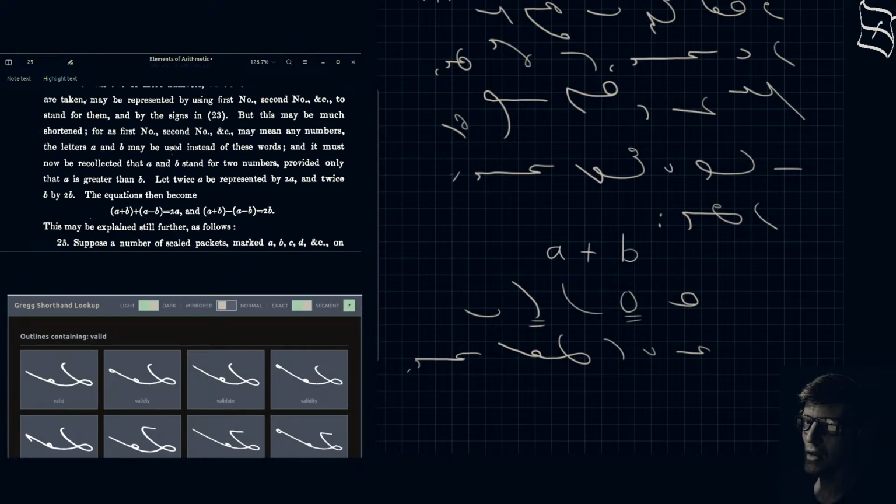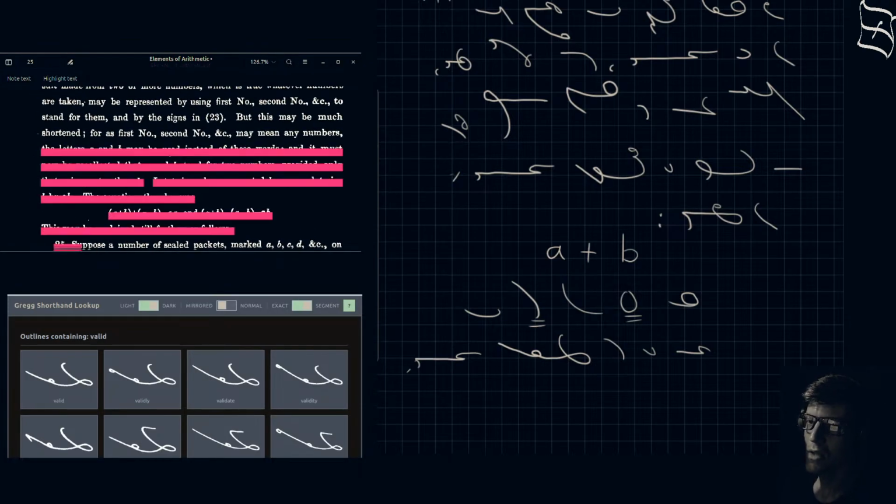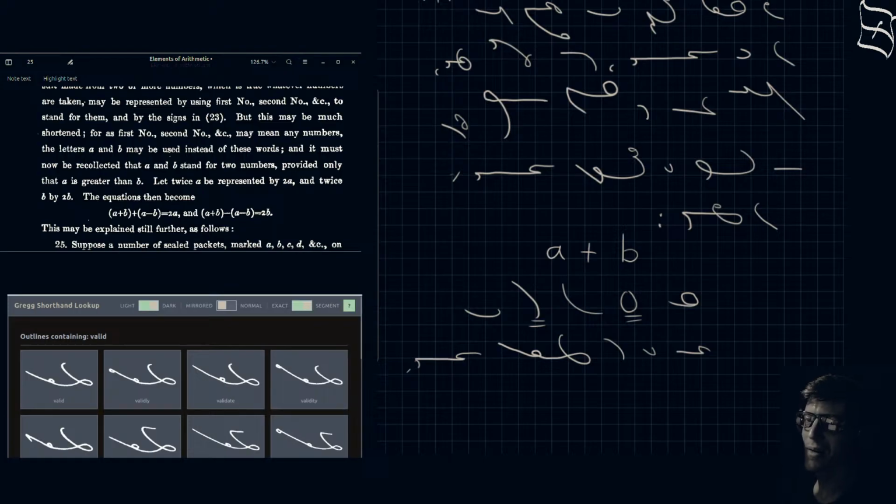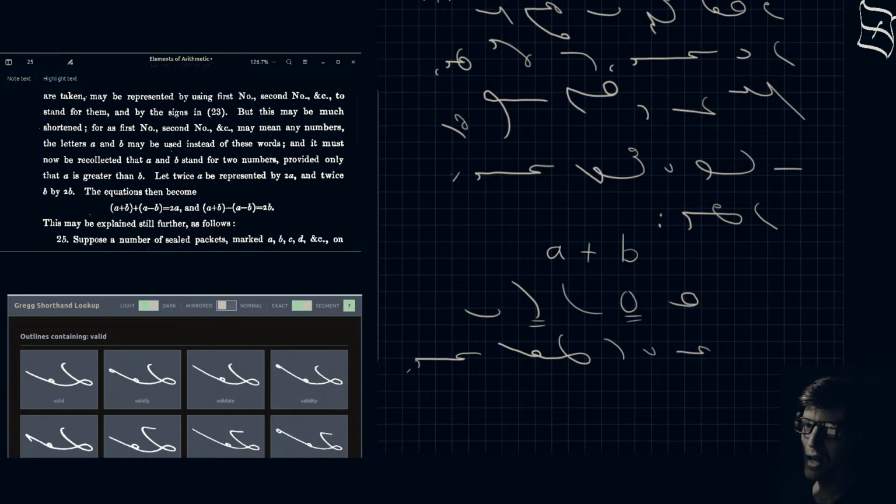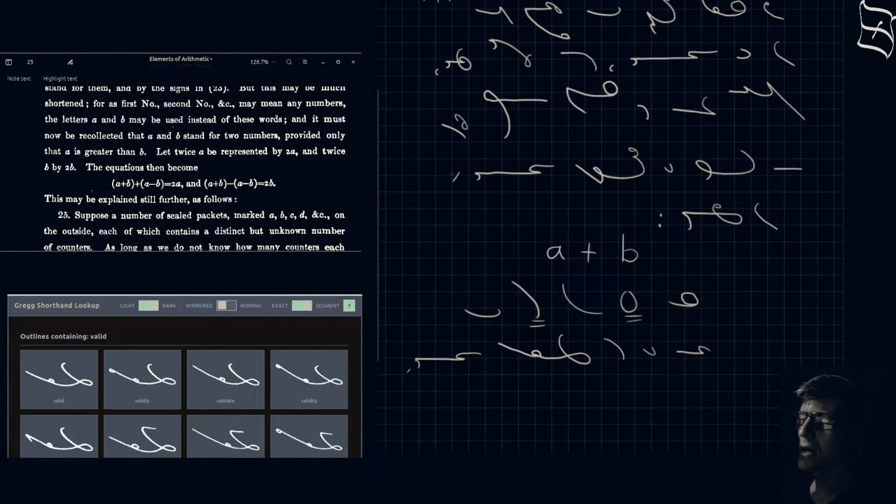And that's what he's saying here when he says, by this may be much shortened, for as second number may mean any numbers, the letters A and B may be used instead of these words, and it must now be collected that A and B stand for two numbers, provided only that A is greater than B. And then let twice A be represented as 2A and twice B by 2B.